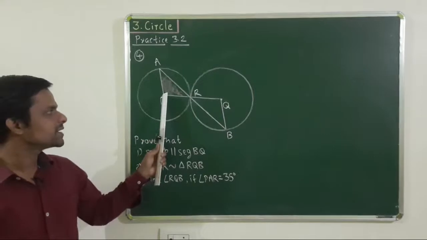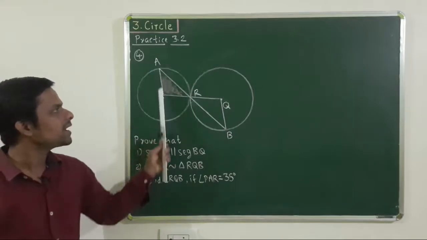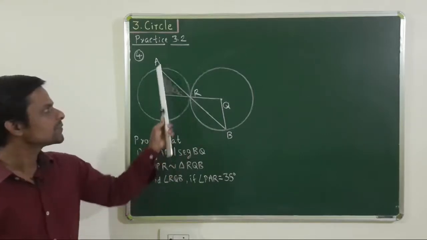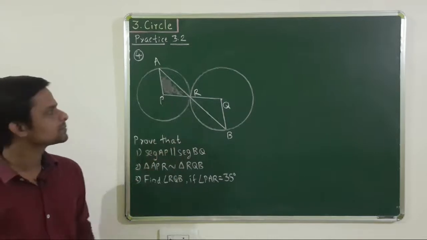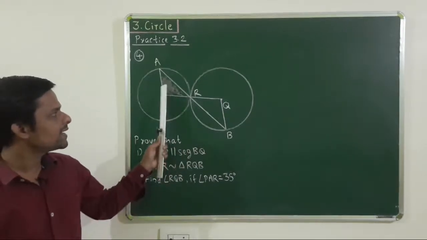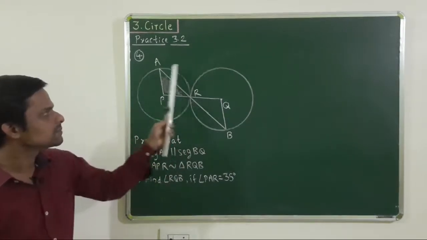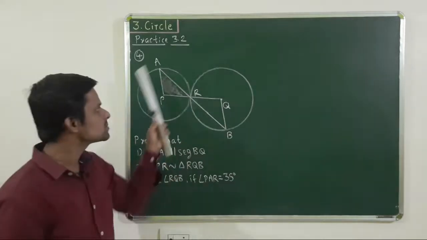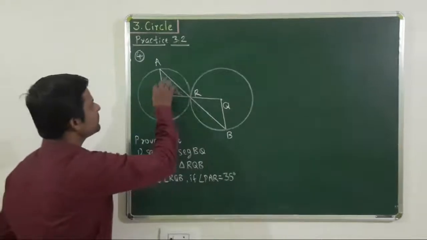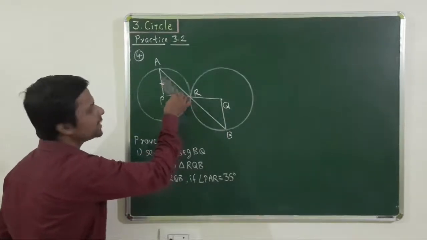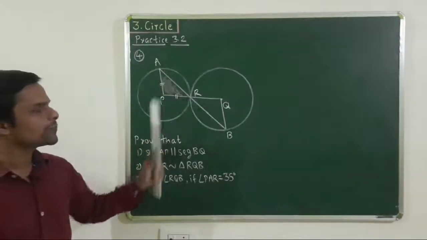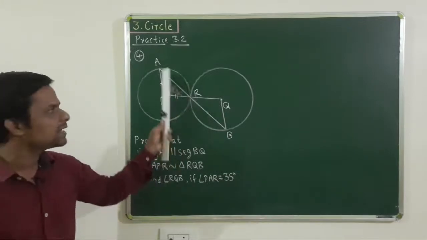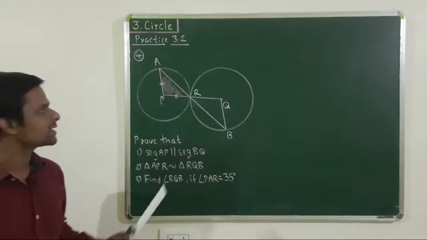For that, find the relation between PA and PR. These two are radii of the same circle. PA is a radius of the smaller circle, and PR is also a radius of the smaller circle. What does it mean? PA is congruent to PR, which means triangle PAR is an isosceles triangle.